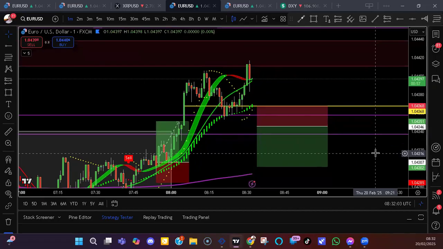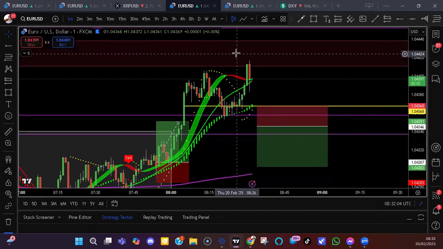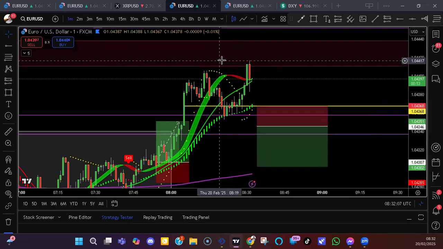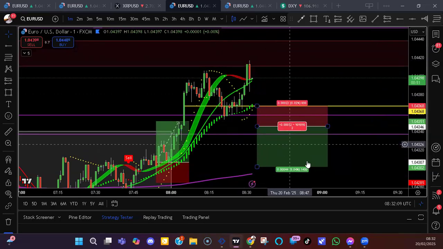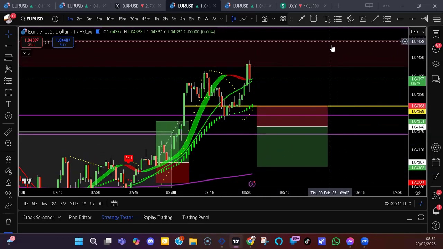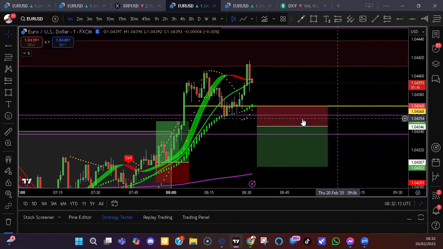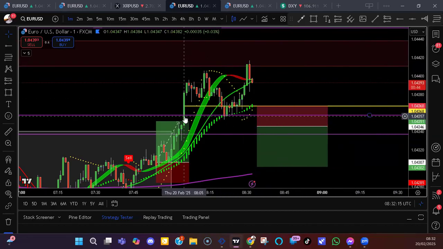So we know we're in a sell zone. Indeed, we have tapped into this imbalance, and sometimes they tap and then move away and then come back later on. We know we've got imbalance here.